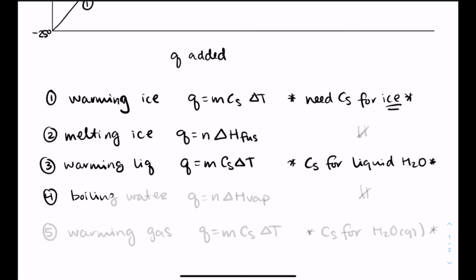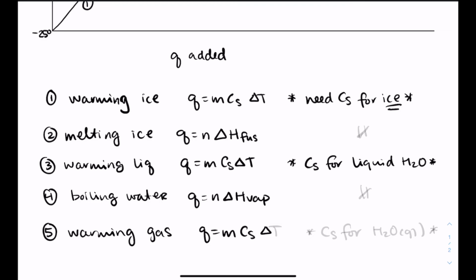So Q equals n times the enthalpy of vaporization. And now I have a gas that is 100 degrees, and I want to take this to 120. So I have another 20 degrees that I need to heat up my gaseous water, which means I'll have a delta T, right? But I need the specific heat capacity for gaseous water.